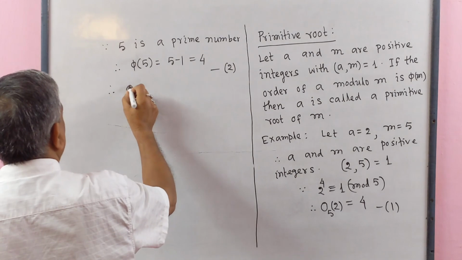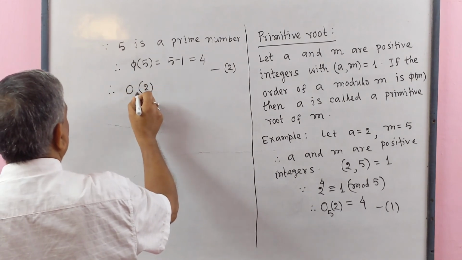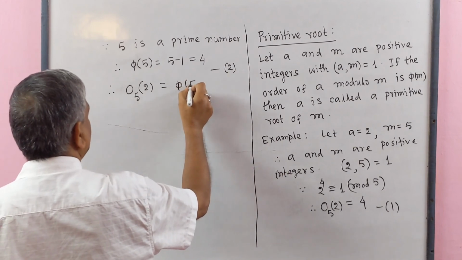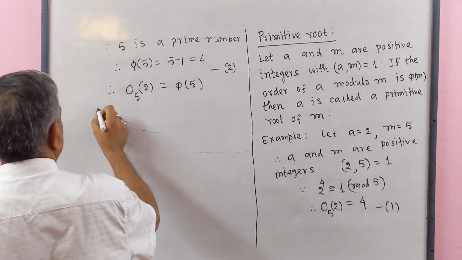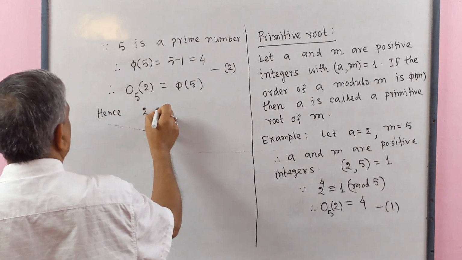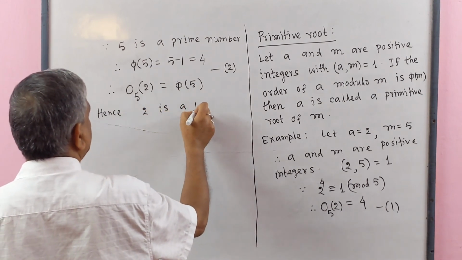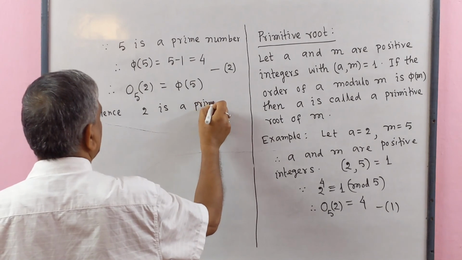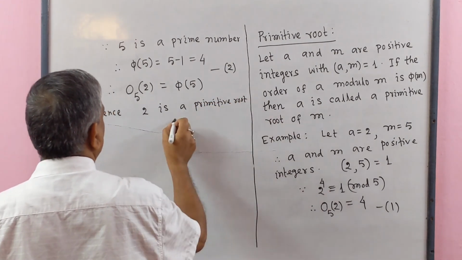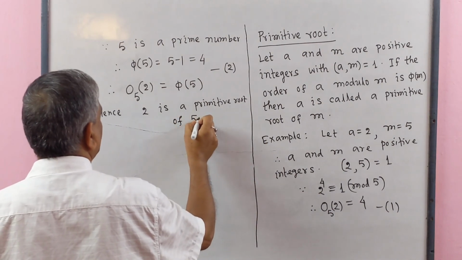Therefore order of 2 modulo 5 equal to phi 5. Hence 2 is a primitive root of 5.